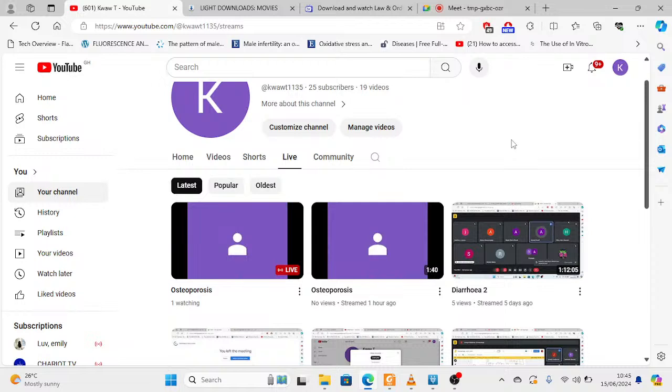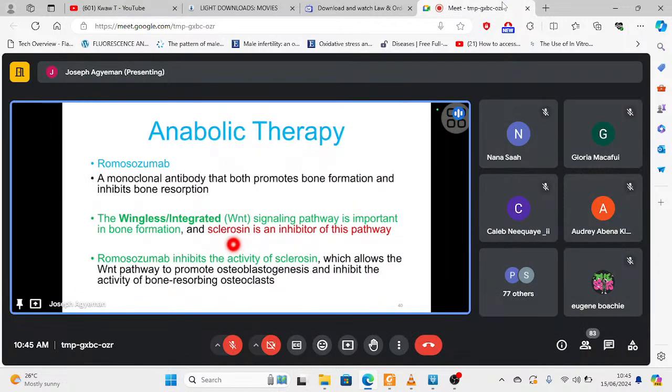It's going to inhibit the Wnt pathway. Meanwhile, we want the Wnt pathway to occur so that bone formation occurs. If so, then these drugs are genetically engineered to target sclerostin. So romosozumab, for example, is targeting sclerostin. So when sclerostin is inhibited, then the Wnt pathway will occur. If it occurs, we are getting bone formation, not bone resorption.